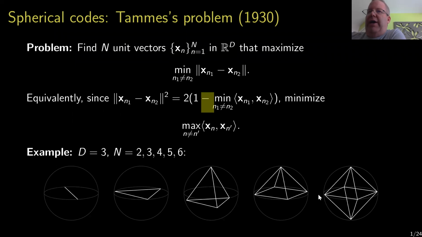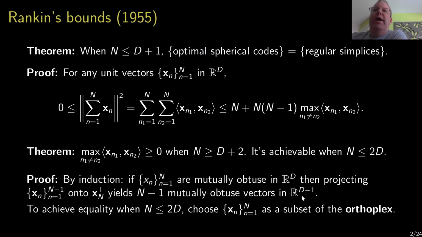And what it turns out I can do in that case for 6 points is take something called an orthoplex, which is the standard basis union the negative of those elements. And it turns out that that's also the best I can basically do if I want to pack 5 points on the sphere: this arrangement here, take one of those and throw that away.